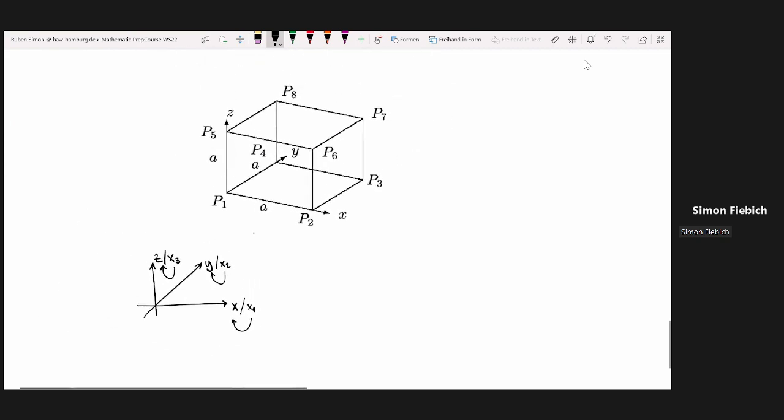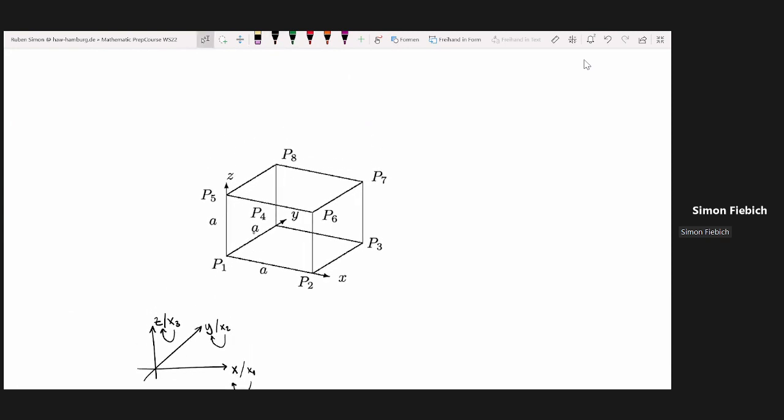Okay, so in this case, you now have to get used to this, and that's a good way to practice. So what would be the coordinates of point P1, or better to say the position vector?